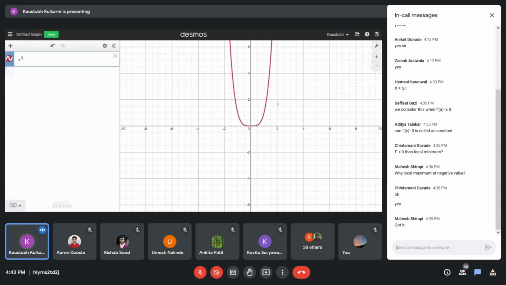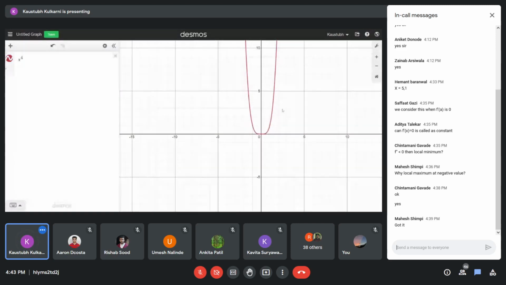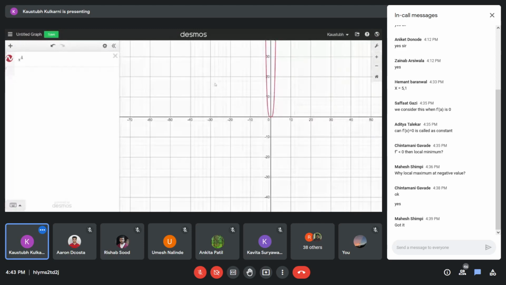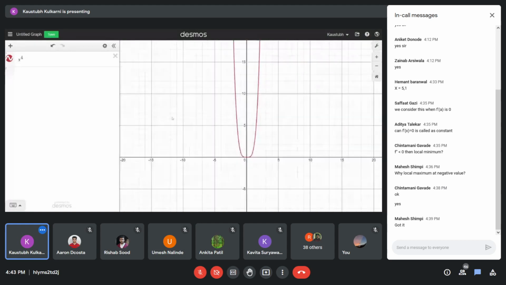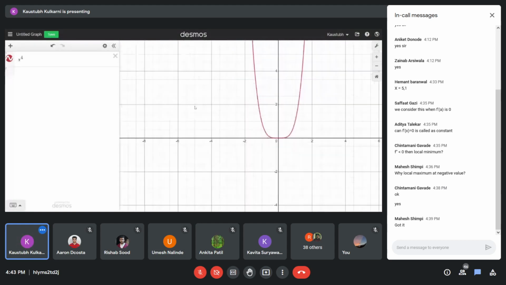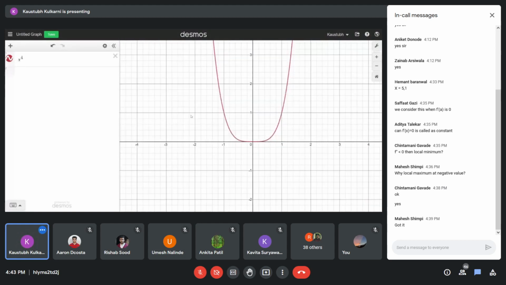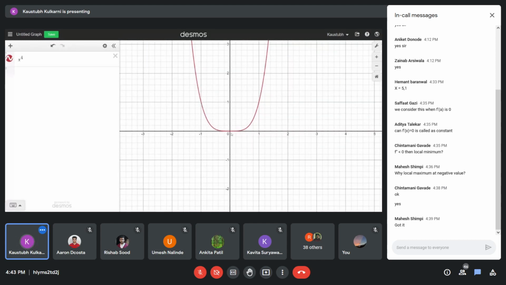This is how x raised to 4 looks. If you see carefully at this point, this is also a case of an inflection point.